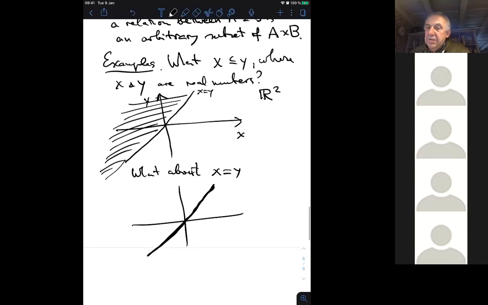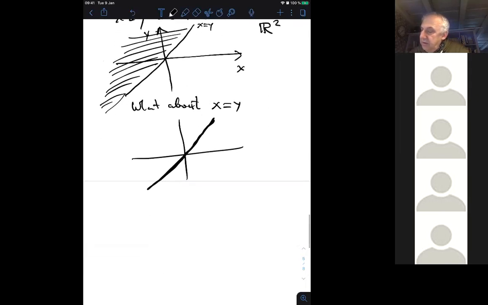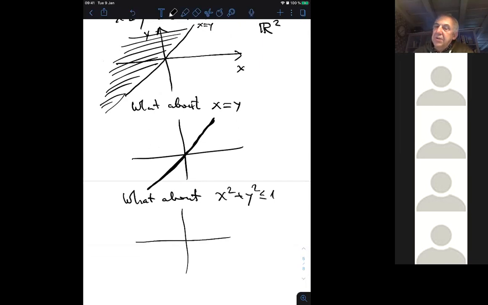What about something like x squared plus y squared smaller or equal than 1? That's again a relation. It says that the sum of squares of two numbers is at most 1. Well, we know what this is. This is the domain given by the unit disk.